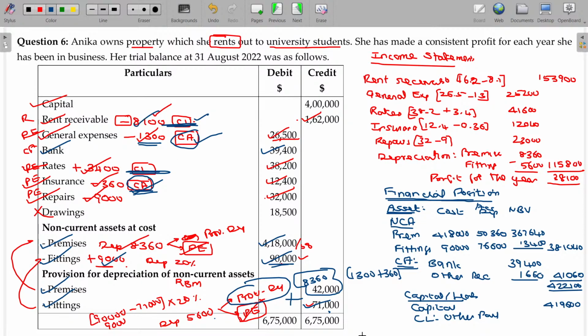This one being 8,100 and this one being 3,400. The value being 8,100 plus 3,400, 11,500.